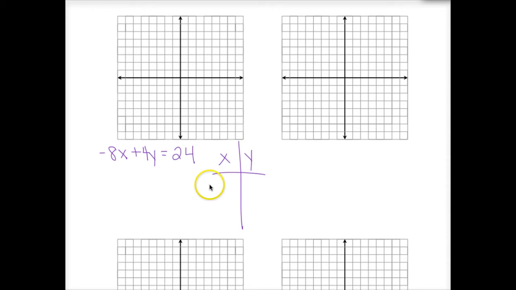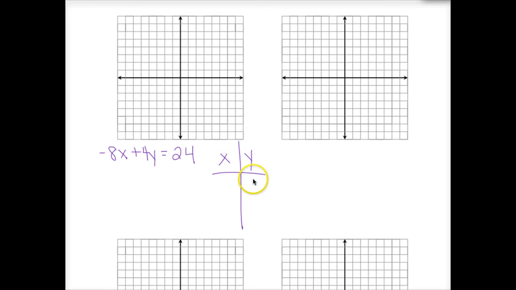So when they first taught you this, they probably taught you always pick a negative, always pick 0, always pick something positive. Yes, that's a good rule of thumb to use. However, if things don't fit, sometimes that doesn't work, and that's okay. You do want to try maybe to spread your values out if you can, so they're not all right next to each other, because it'll give you a better picture.